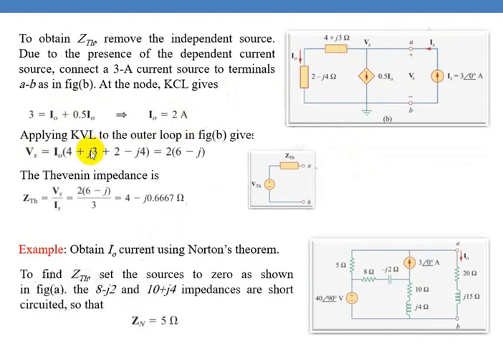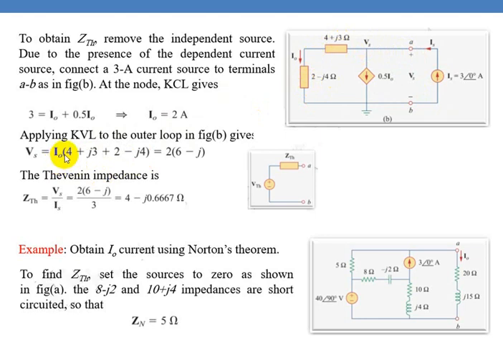Now applying KVL to the outer loop, Vs will be equal to the drop across this, that is I0 into (4 plus j3), then the drop across this will be I0 into (2 minus j4). So this is what is written here.